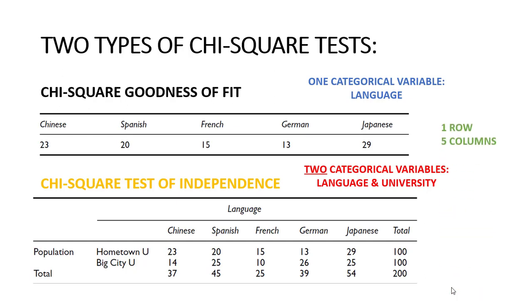Now, in this case, notice that in the first case, the chi-square goodness of fit, we have 1 row and 5 columns. So basically, the rows tell us how many categorical variables we have. In the second case, we have 2 rows and 5 columns. Again, the 2 rows tell us that we are dealing here with 2 categorical variables, 2 rows and 5 columns.